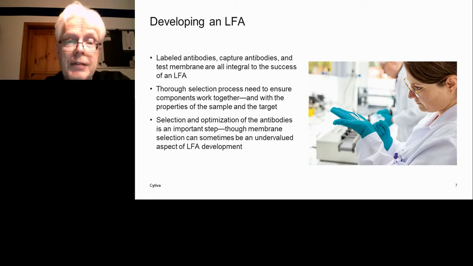And you have to have an eye on the properties of your sample liquid and the specifics of the target molecule that you want to detect. Selection and optimization of binders is an important step, but these binders communicate with the membrane, if you want to say so, and that's sometimes not being addressed correctly during LFA development.